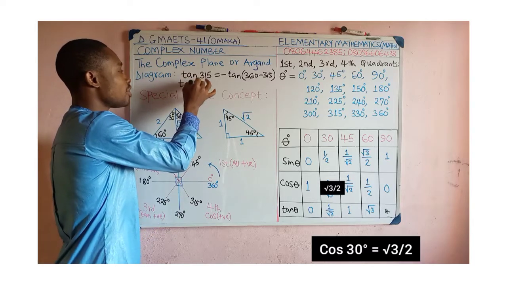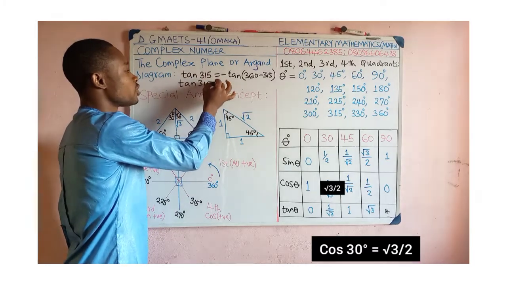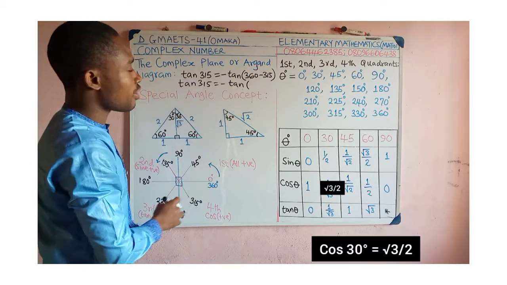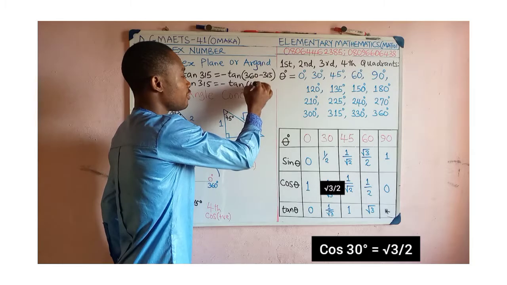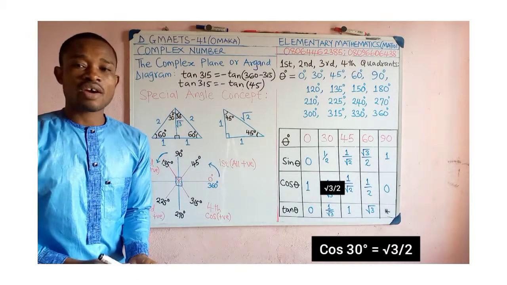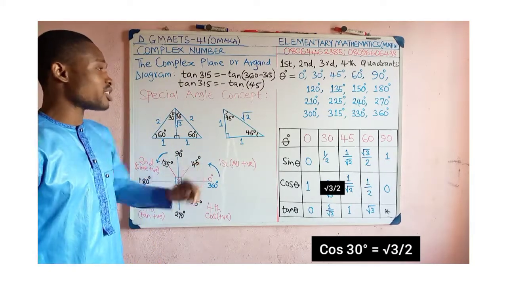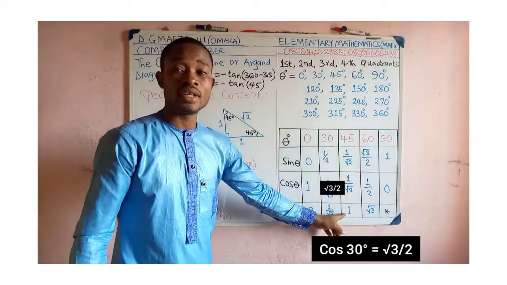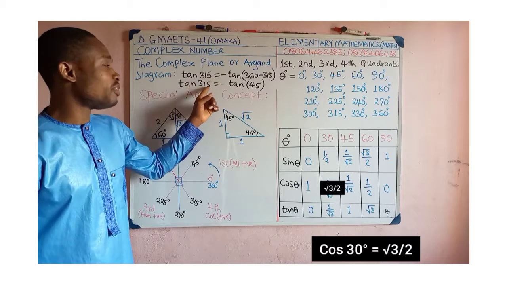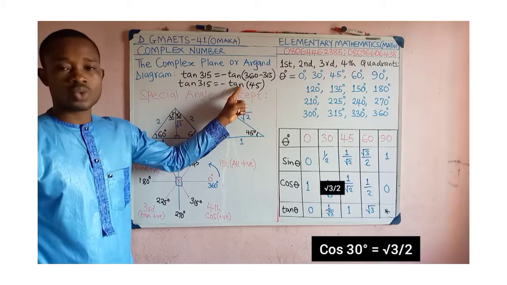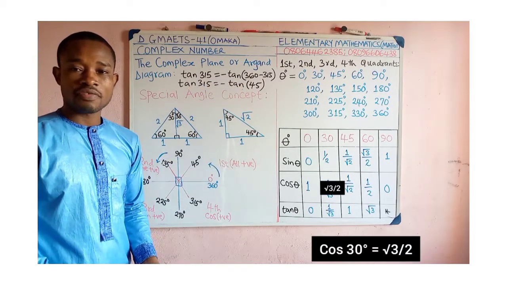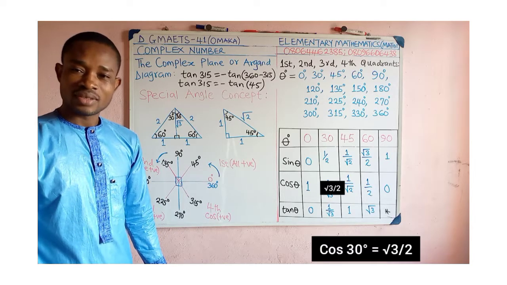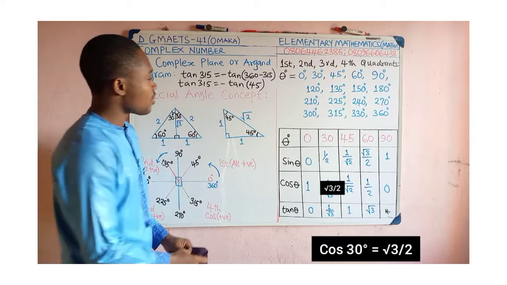Therefore, tan 315 will give me the same result as minus tan of 360 minus 315, which gives us 45. Good. So do you see how I converted it to an angle in the first quadrant? The value of tan 45 is 1. Therefore, tan 315 will be minus 1. Does that make sense?